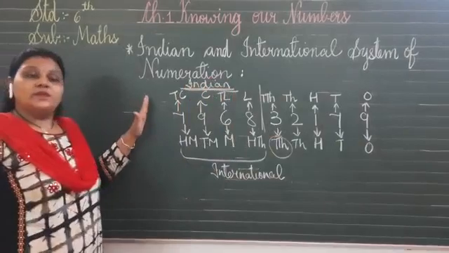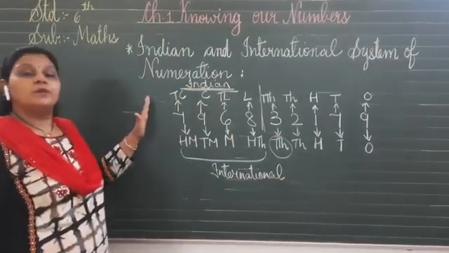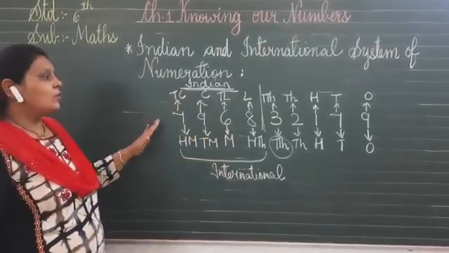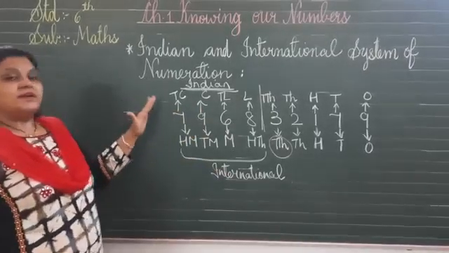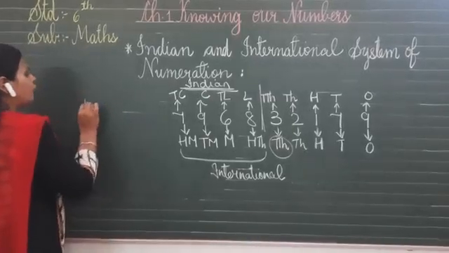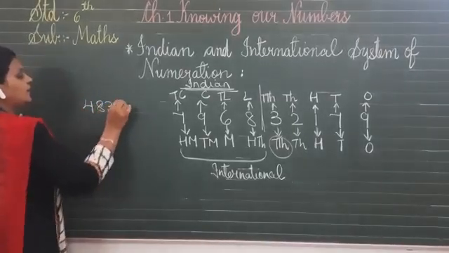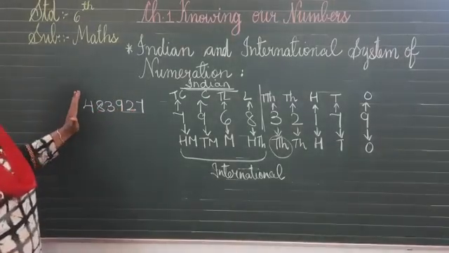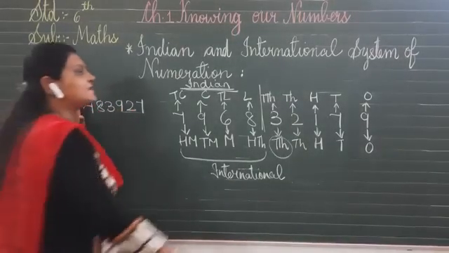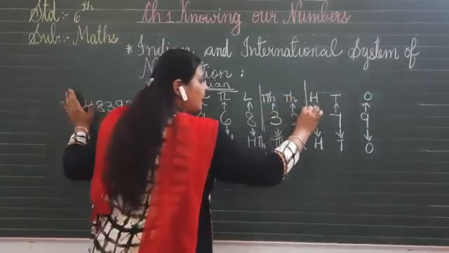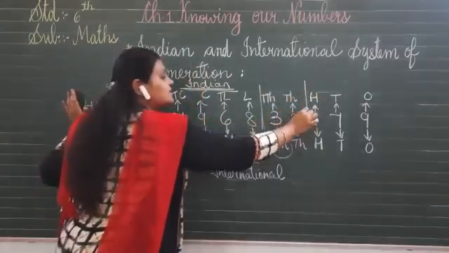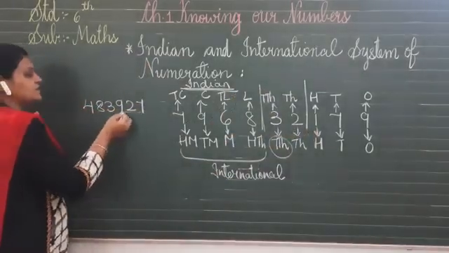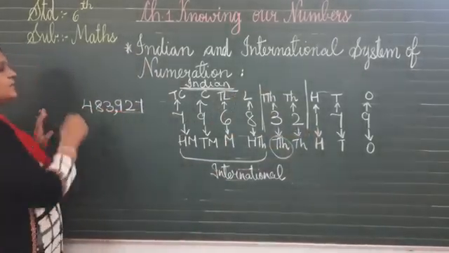Now, how to insert commas as per the Indian system? To insert the comma, first we will take my number 4, 8, 3, 9, 2, 7. Now, as the Indian system of numeration has periods: hundreds, tens and ones, first we will insert the comma before the hundreds place, that is ones, tens and hundreds over here.